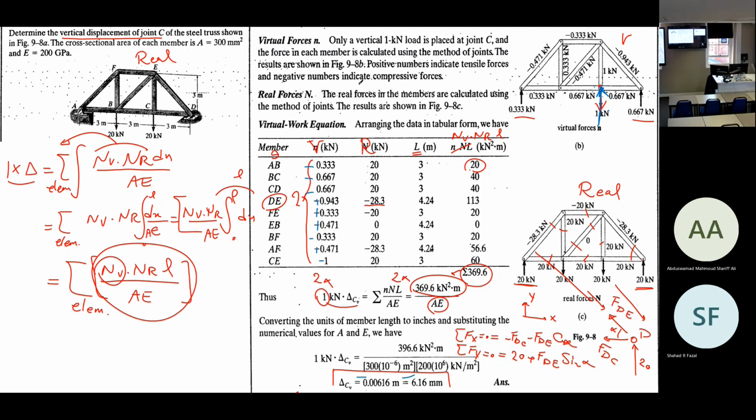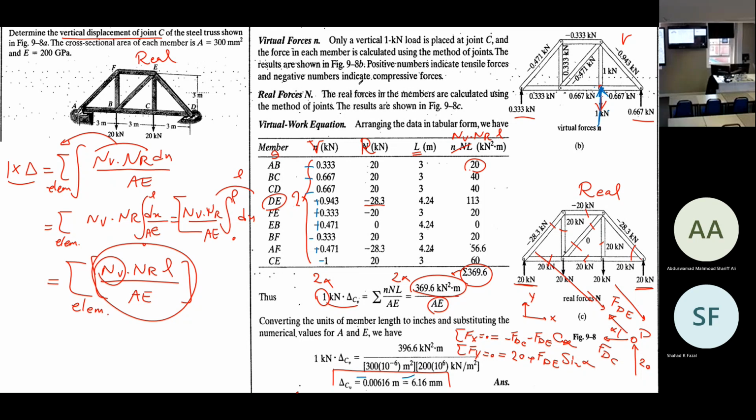So it doesn't matter. It's okay. You're free to put your virtual force on your virtual structure in one direction, no matter, up or down. But you know, you're aiming to calculate vertical displacement. It should be vertical, the y direction. But from top to bottom or bottom to top doesn't matter.